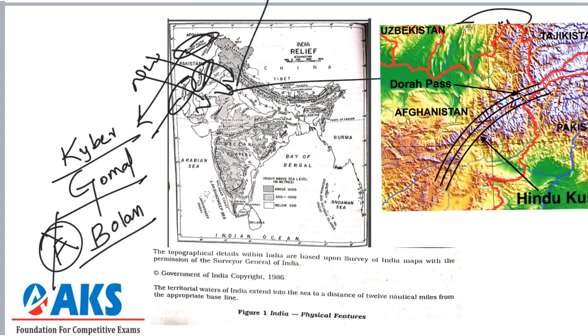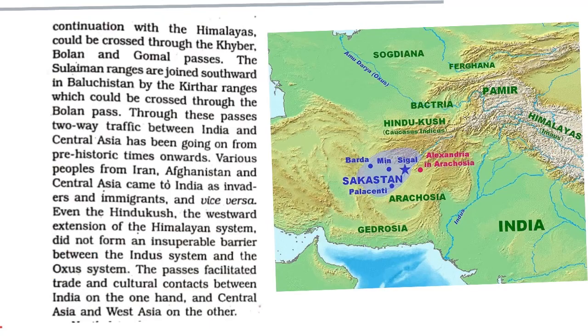So it served as a nest for the people who could come through these three passes and settle here, and this has led to what we call diversity in India. This two-way traffic between India and the Central Asian countries has been going on from prehistoric times onwards. That is why we see people from Iran, Afghanistan and Central Asia came into India not just as invaders and immigrants.